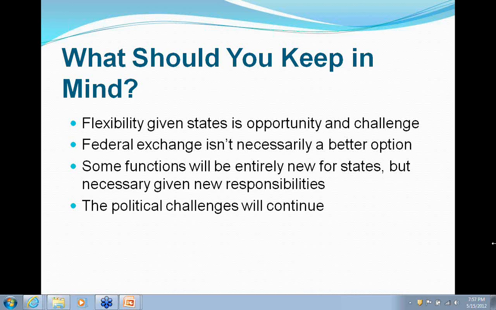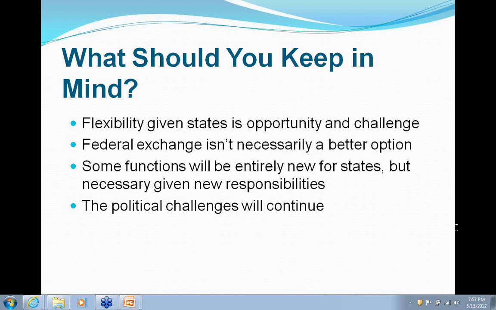If it is upheld and we still have a President Obama, states are going to have to scramble pretty fast to start to line things up if they want to still do a state-based exchange. And some of that you could hear in the quotes I was reading about those governors who said, we are not well served by waiting this out.